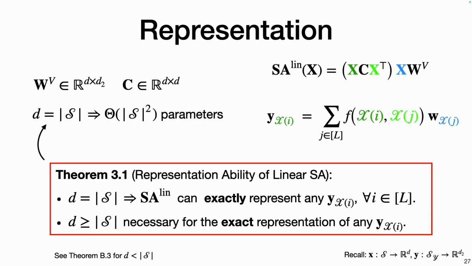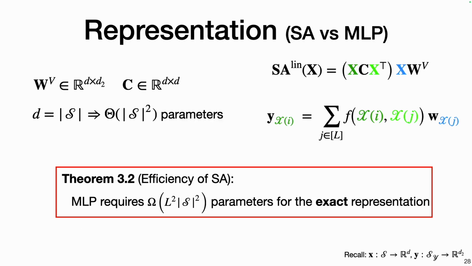From this theory, it is not hard to see that self-attention requires order domain size squared parameters for exact representation of a mutual interaction function. In the paper, we have another theorem that shows that MLP requires at least order L squared times domain size squared parameters for exact representation. So simply, we see that self-attention is better at representing mutual interactions.